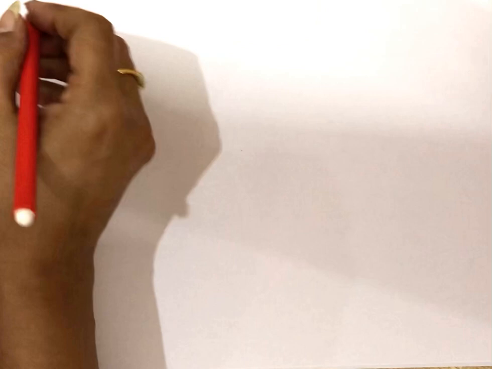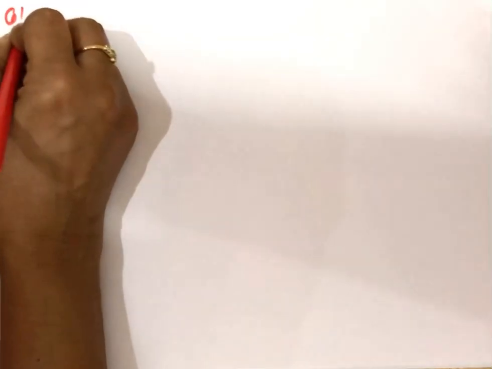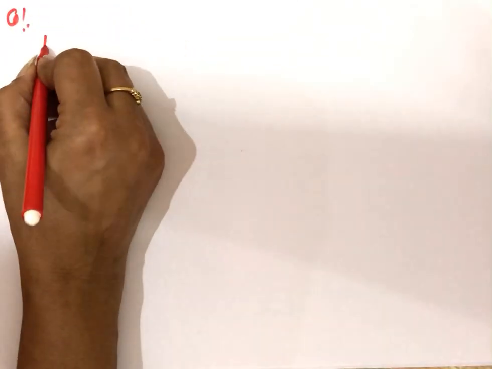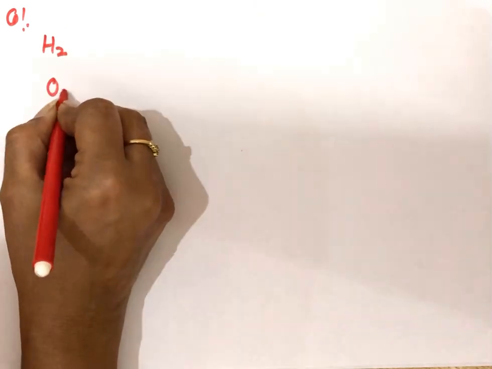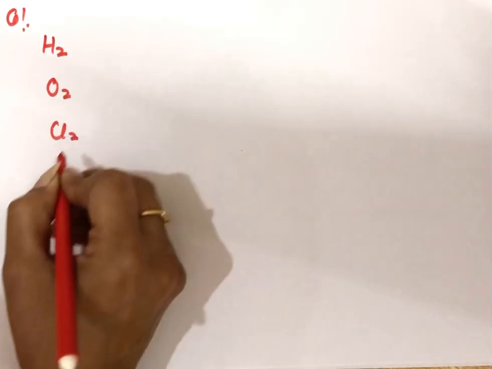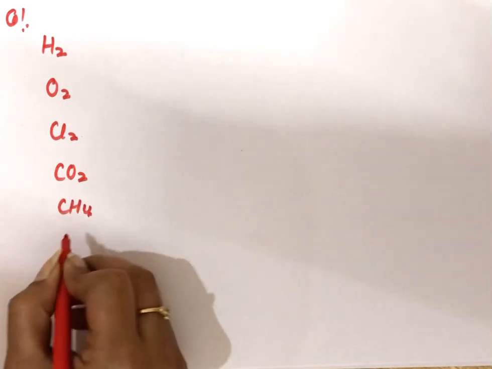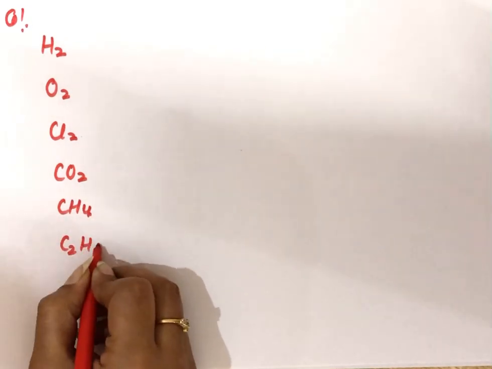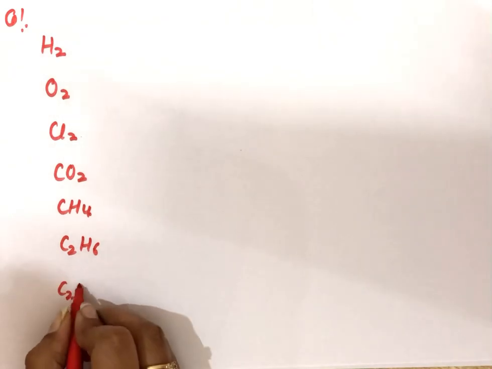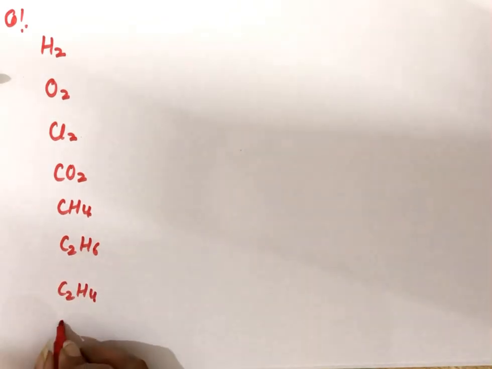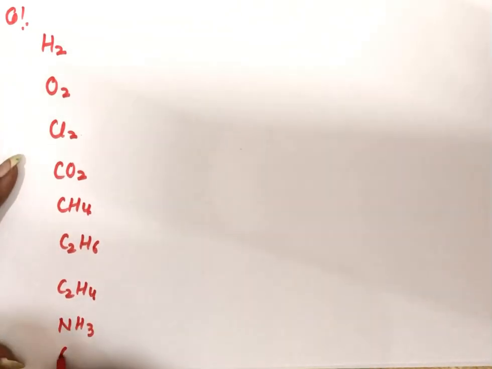Some more questions. These questions that I am taking, these are the NCERT questions only. Calculate molecular mass of H2, O2, Cl2, CO2, CH4, C2H6, C2H4, NH3 and CH3OH.